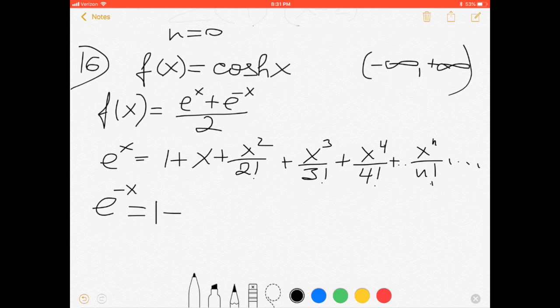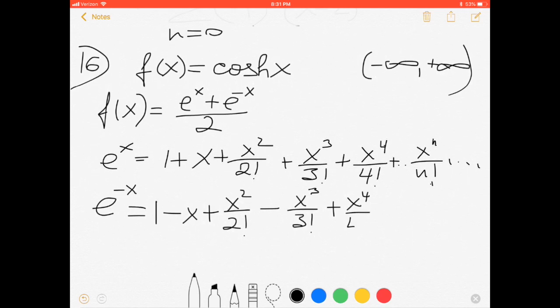Okay, it will be 1 minus x, then it's minus x squared, it gives us x squared. This means here I have x squared over 2 factorial. Because it's third degree, it gives us minus x cubed over 3 factorial. Because it's even, it will be plus. And this depends on n, I have something like this.